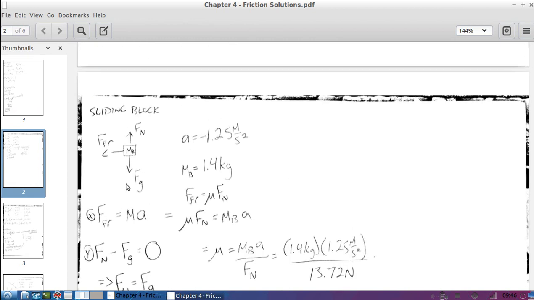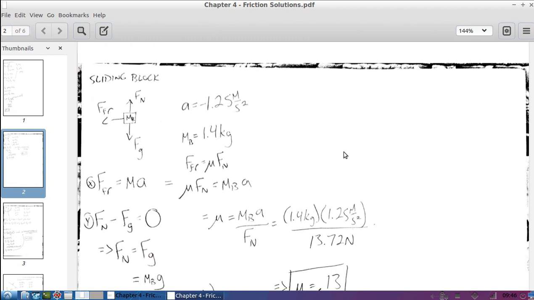So very, very similar to the child pulling the sled. The only difference is we have an acceleration in the x direction, which we're given, and we don't have an applied force in the positive x direction. Okay, so friction is mu times normal. We're just adding another equation into our Newton's second law process and another force. Now this frictional force is always going to oppose the motion of the object.